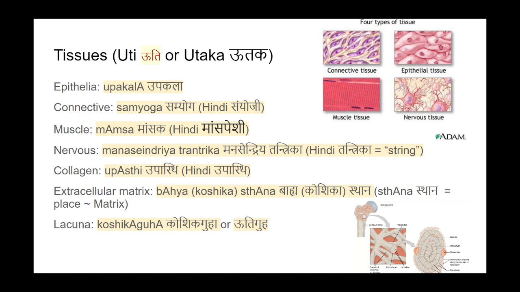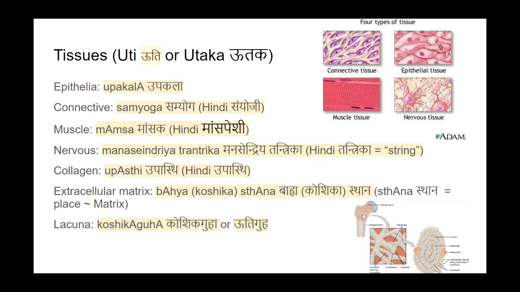Extracellular matrix is bahyastana, meaning outside space or outside region, which is self-explanatory. Lacunae in a bone cell is a small hole in the tissue where the osteocyte sits in. So a proper term would be koshika guha, meaning cell hole, or uti guha, meaning a hole in the tissue. Either or is acceptable. It's up to the people using it.